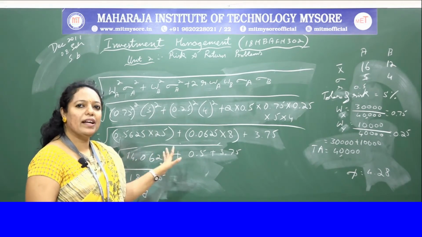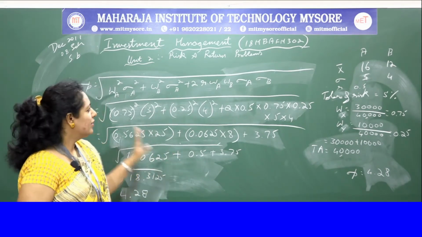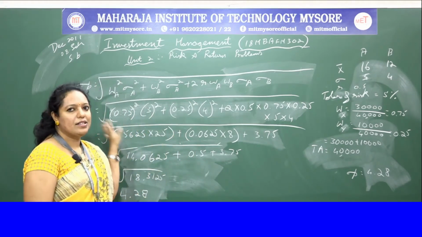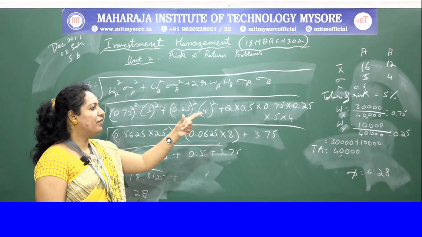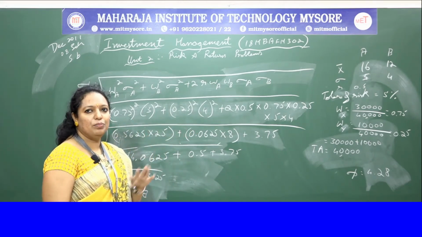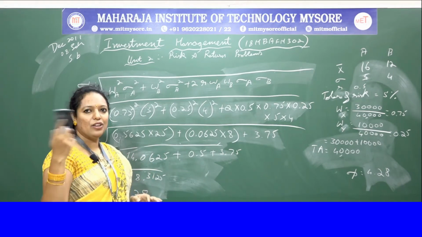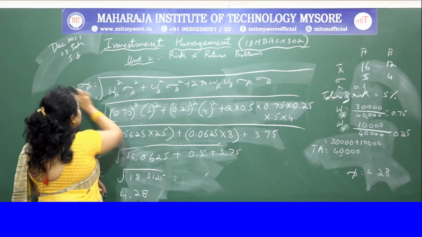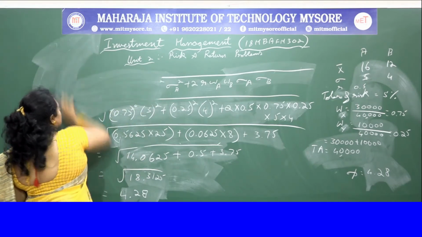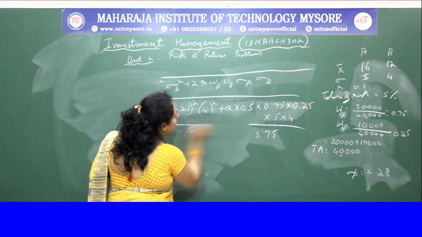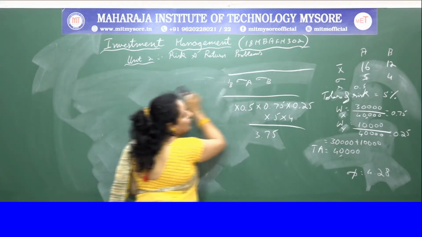But a nearby answer is fine. Okay, this is related to this problem. Hope you have understood this. Same, weights are not given, so you have to take the investments, add both the investments and calculate each one's weightage. Okay, so this completes this problem.